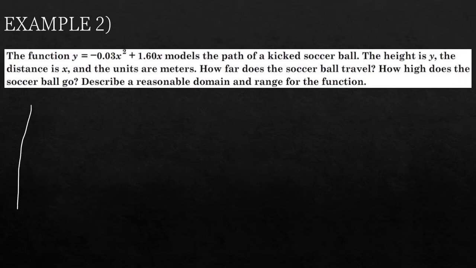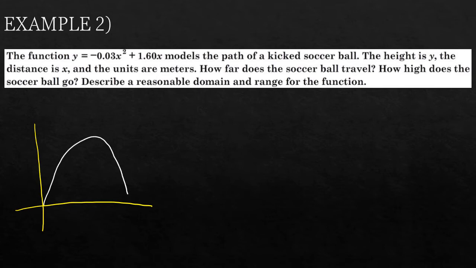So again, we're real world, quadrant 1. So the soccer ball is kicked. It goes like that. That's not the best picture. Let's do that again. So the soccer ball is kicked and it's gone, right?